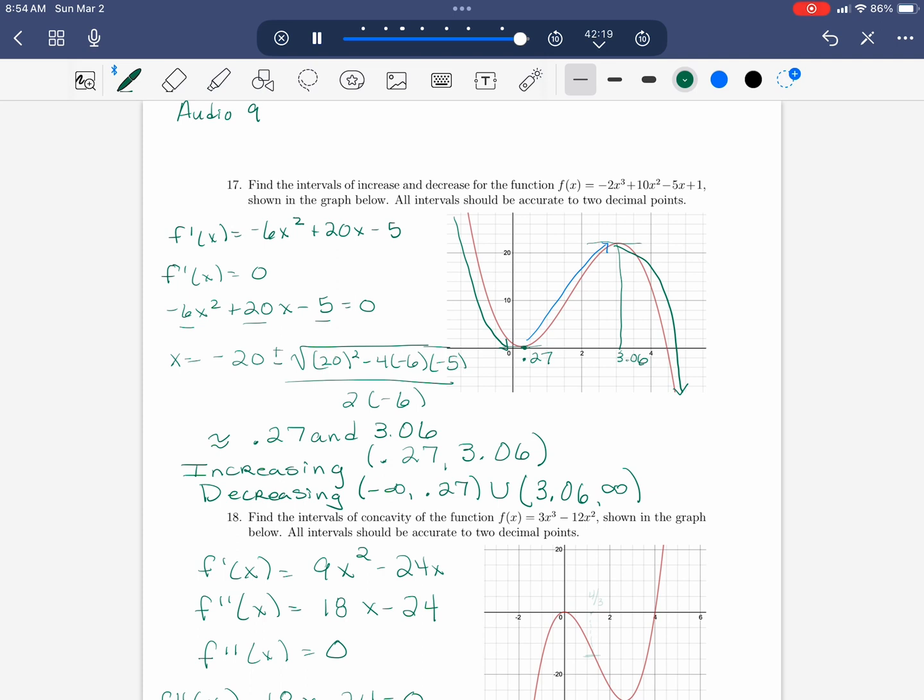An inflection point is going to be where it changes concavity. So if we solve for x, it's x equals 4/3. And that's the inflection point.